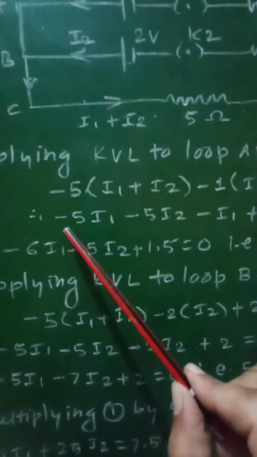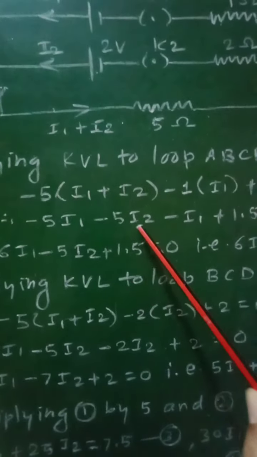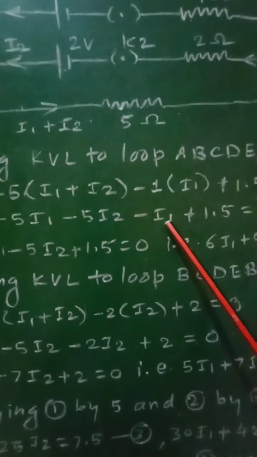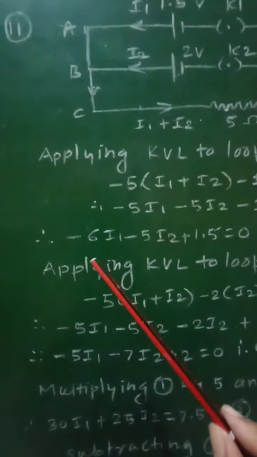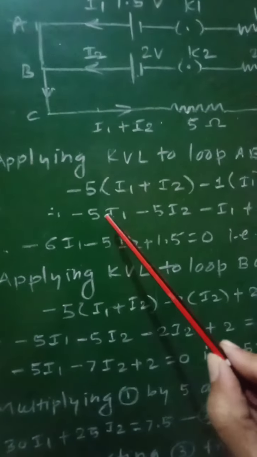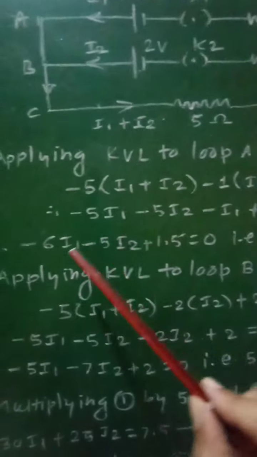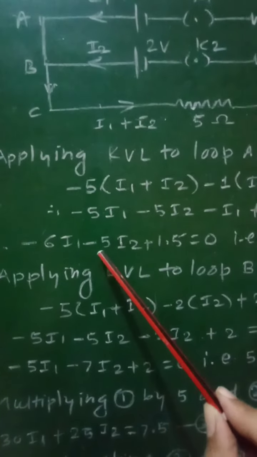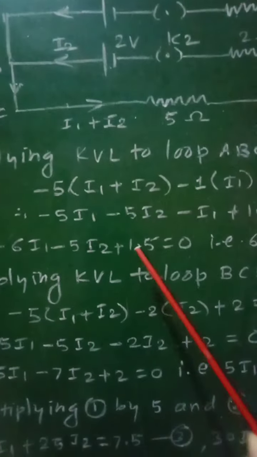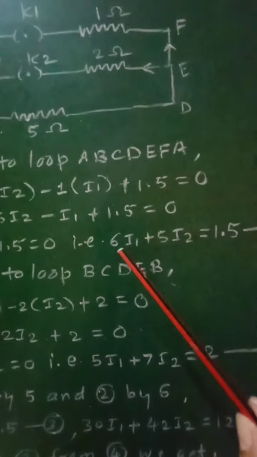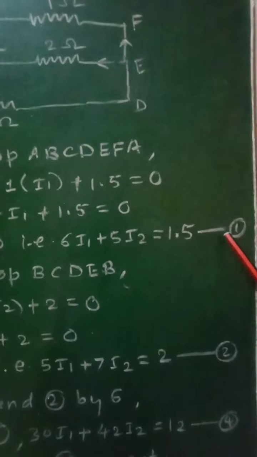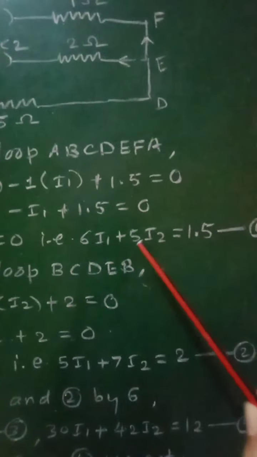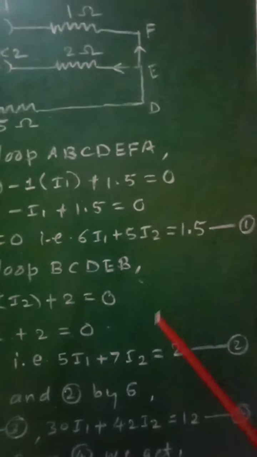Solving this we will get minus 5 I1 minus 5 I2 minus I1 plus 1.5 equal to 0, and therefore minus 6 I1 minus 5 I2 plus 1.5 equal to 0, that is it will be written as 6 I1 plus 5 I2 equal to 1.5 as equation number 1.